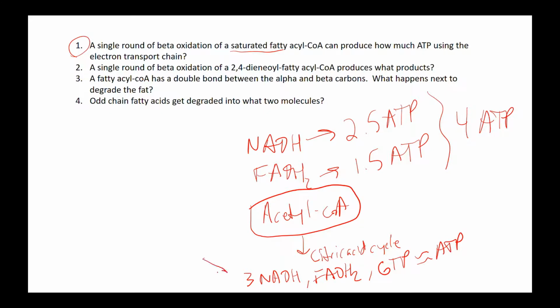These 3 NADHs would be 7.5 more ATPs, another FADH2 is 1.5, and then we have our ATP equivalent, which is another 1. So if you include what you can get out of the citric acid cycle from the single round of beta oxidation, you have 10 more ATPs for a total of 14. So I would accept either 4 or 14 given the way the question is worded.